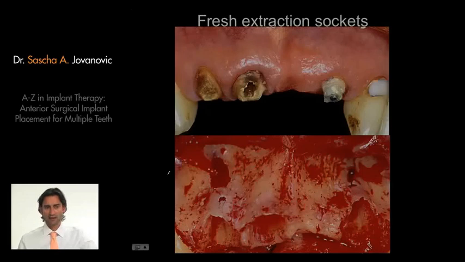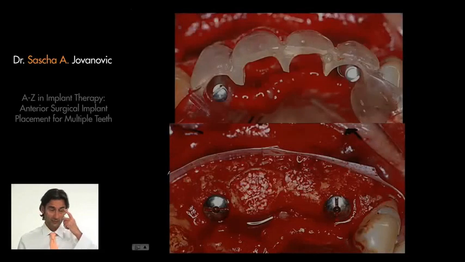So now we can see how we can remove these teeth and place only 2 implants in the lateral 2 positions and do pontics for the centrals. And I still end up with a solid 4-unit bridge with a long-term result. So here's the treatment.